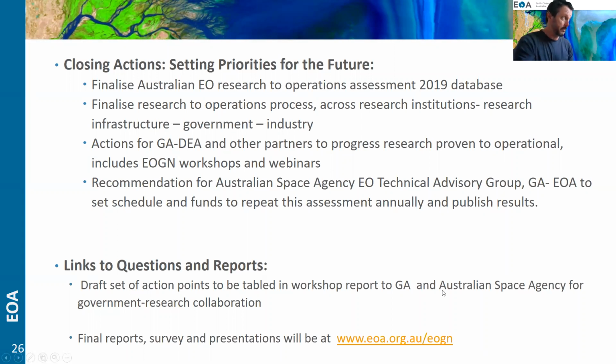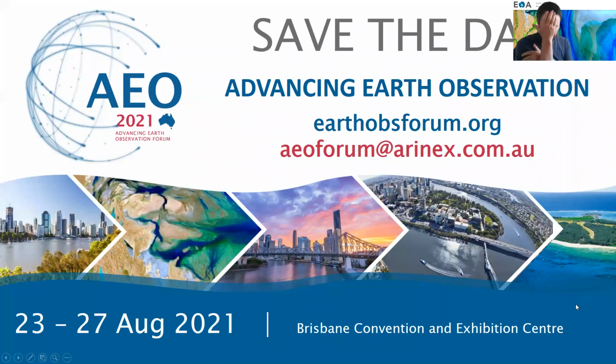One of the things we did want to suggest, and that Geoscience Australia is helping us with, is in August next year, assuming everybody is traveling again, we are having an Advancing Earth Observation Forum, and this is about bringing all these different communities together. We'll be in Brisbane.